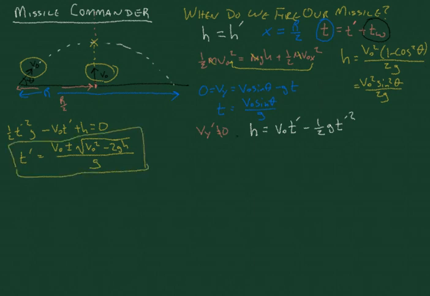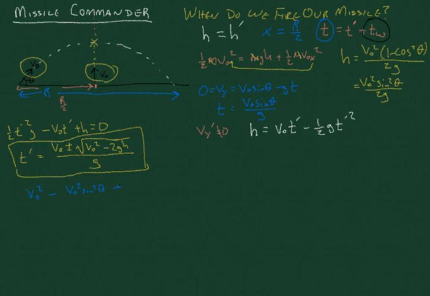And then of course we can always sub in h from over here. And so we notice that if we do that, this term on the inside, we have v0 squared minus, the 2g's cancel out, and so we have v0 squared sine squared theta.